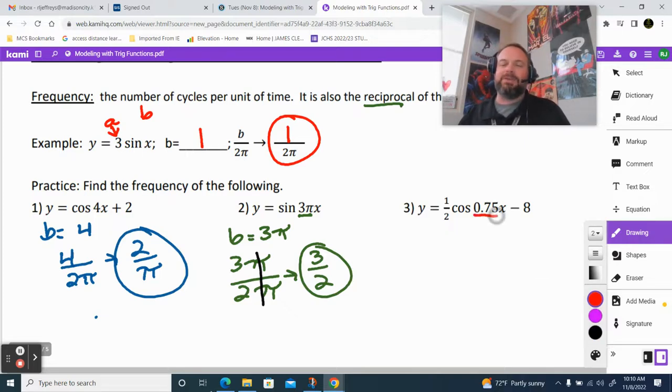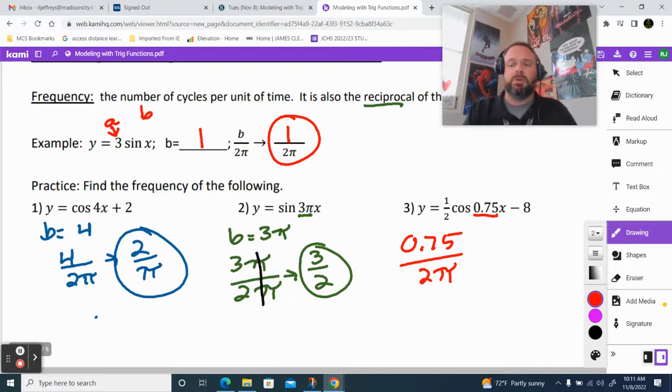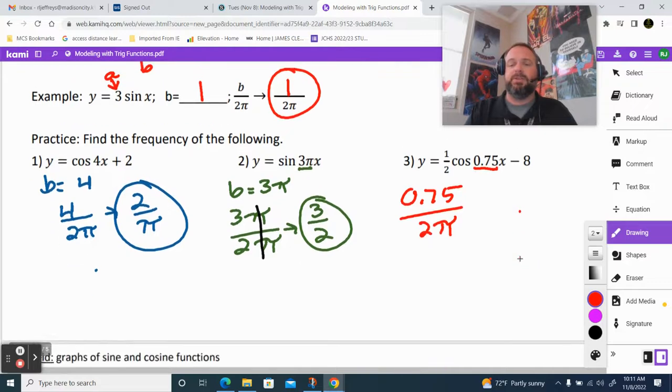All right, our B right here is 0.75. Okay. Now, because I'm not super picky, if you were to write it like this, I'm going to kind of take it. Okay. Now, there might be some other math teachers out there, you know who you are, that are going to make this more difficult for students.